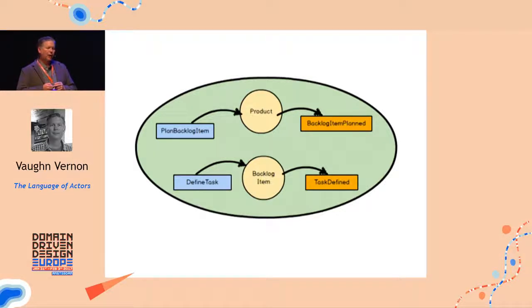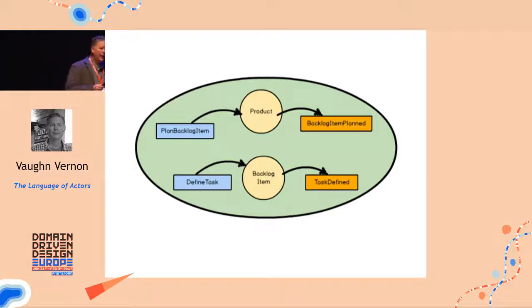We have a backlog item that takes as a message a command and emits a message which is an event. There may be more to the ubiquitous language than this, but in terms of expressing the high level of our ubiquitous language through actors, this is pretty much it, okay?